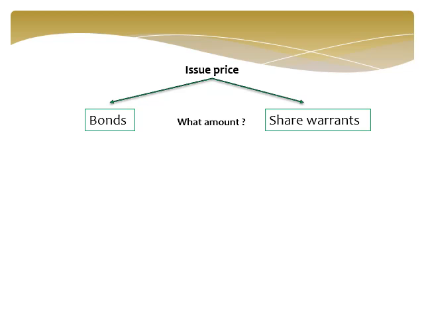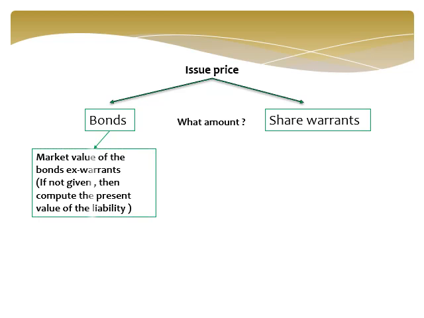At what amount? Paano natin i-allocate sa kanila yung issue price? So, bonds equal to the market value of the bonds X warrant, meaning ano ba yung value ni bonds kung in-issue siya without the share warrants? Pag hindi yun given sa problem, then compute the present value of the liability. Paano i-compute? The same sa pag-compute ng market price natin kanina. We need to use the present value factors.